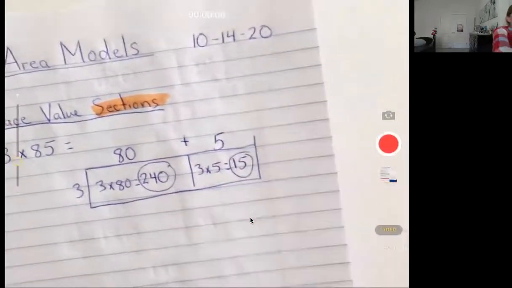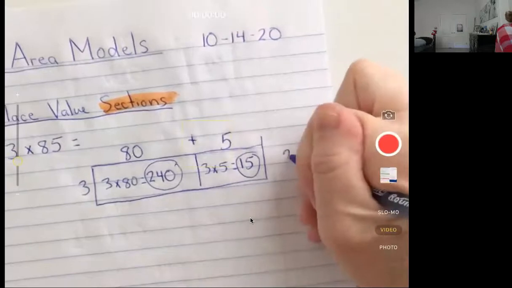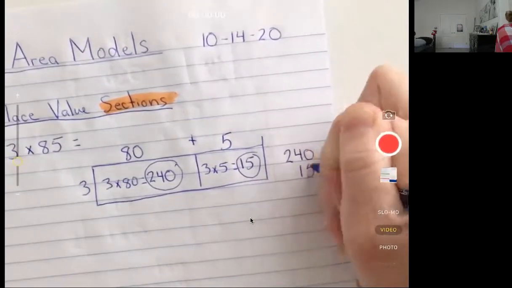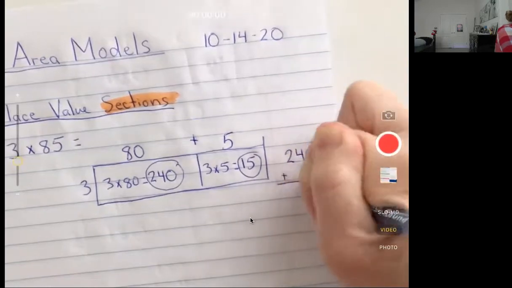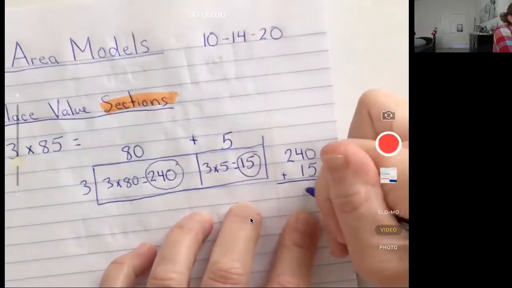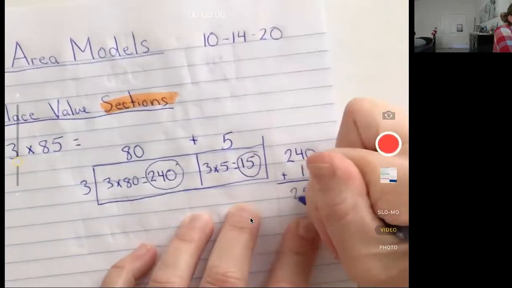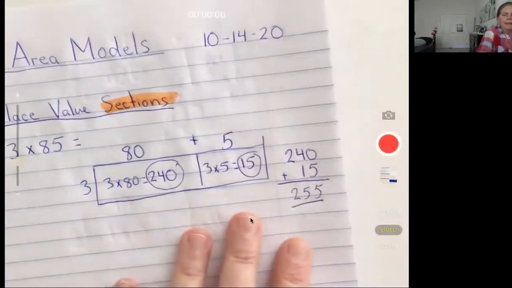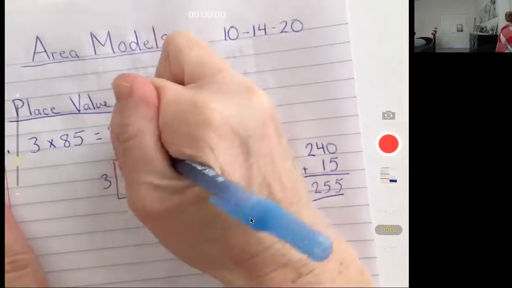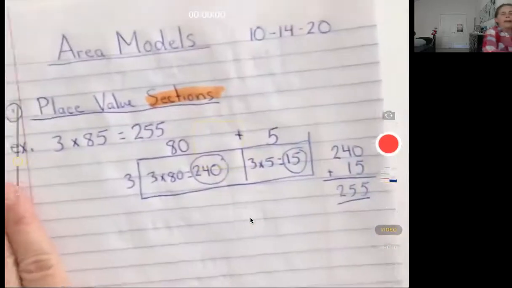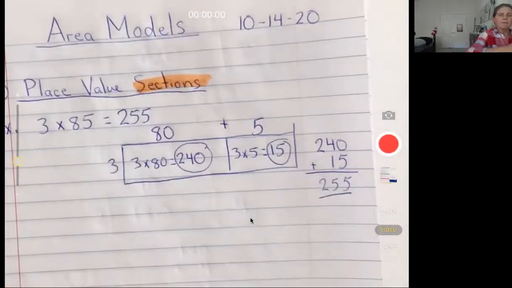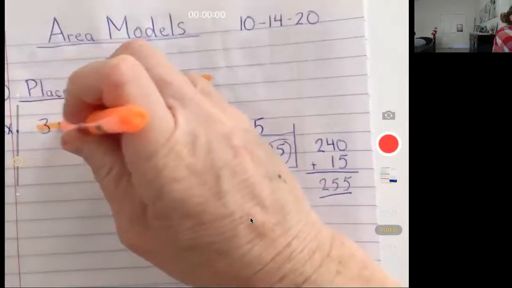I'll start with the largest number, lining up the second product, making sure that it's the ones and the tens. Let's add. All right, so my answer is 255. That's the answer to this equation. That is solving it using an area model called place value sections, okay?